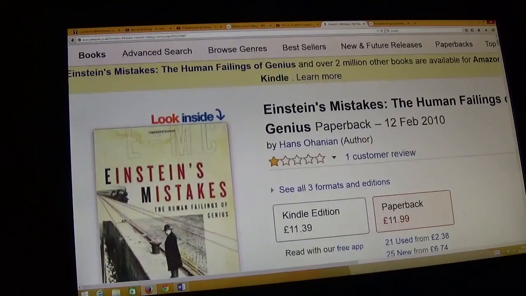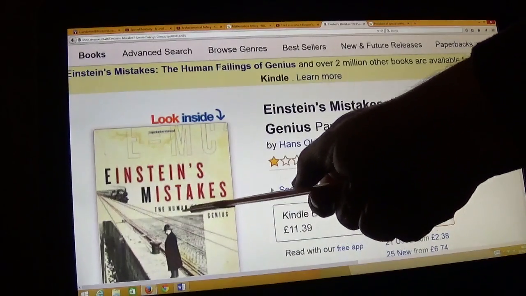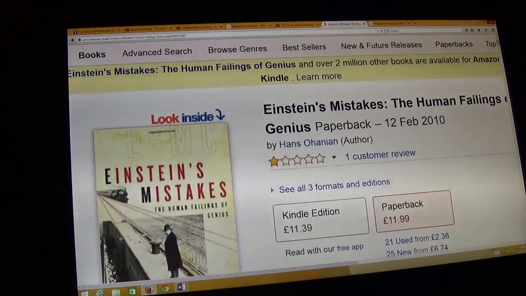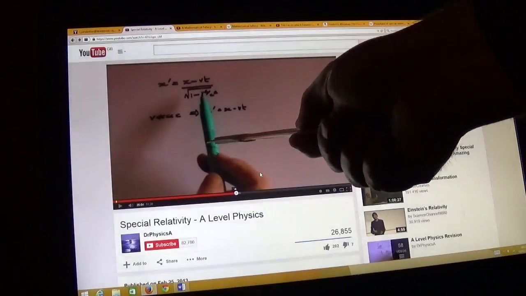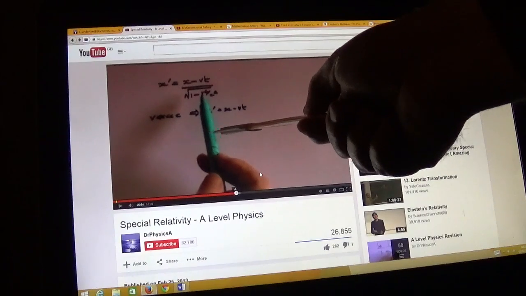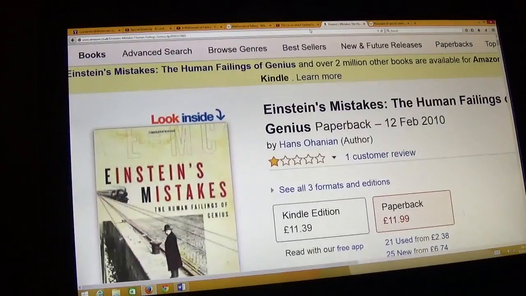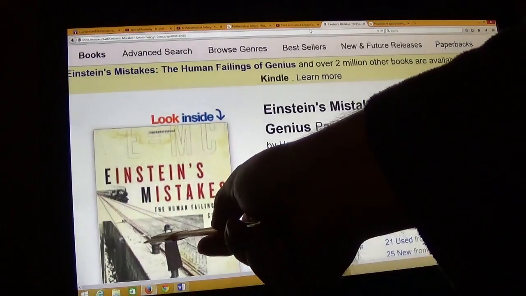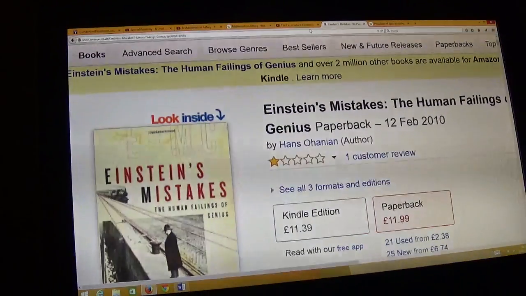Now, this book points out some of Einstein's maths mistakes, but doesn't point out all of them. And this person is committing the division by 0. Same sort of thing that Einstein does. Einstein commits serious mathematical mistakes. This book does not go far enough to point out how bad Einstein's maths is.